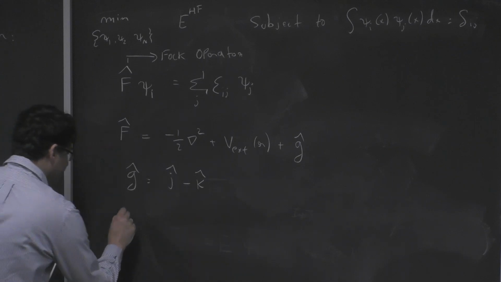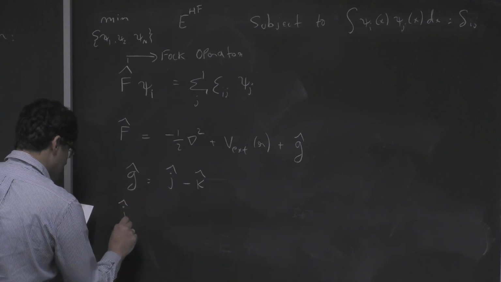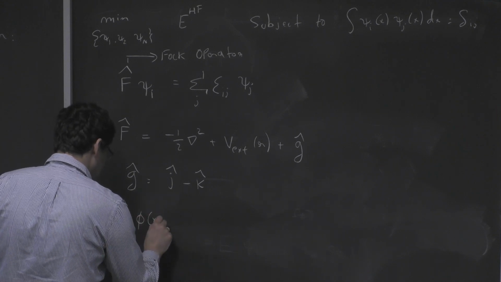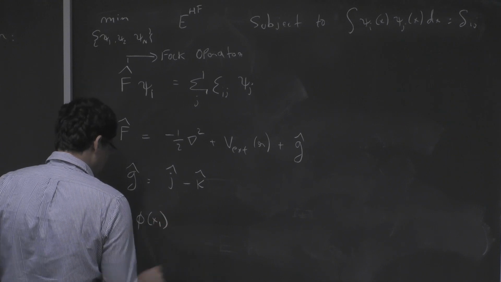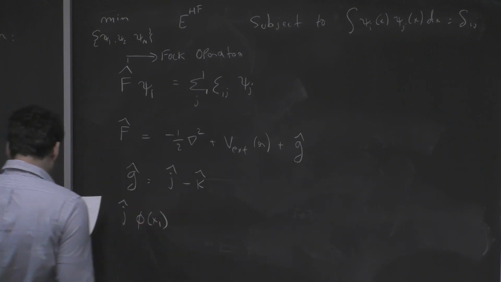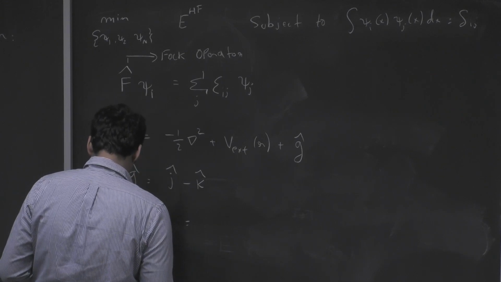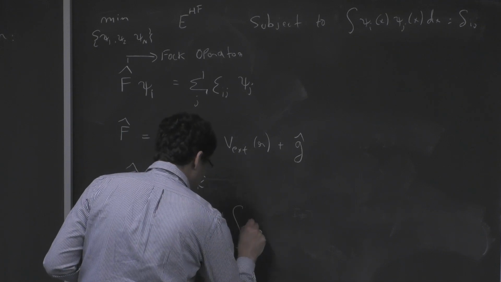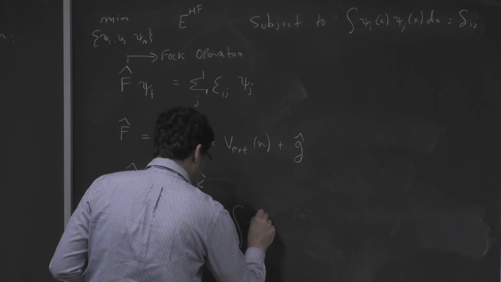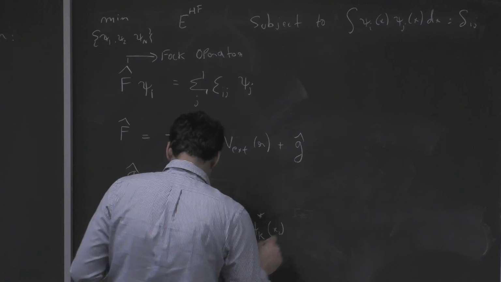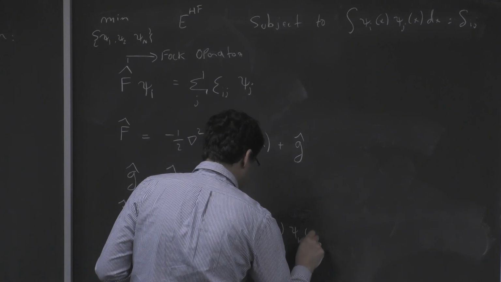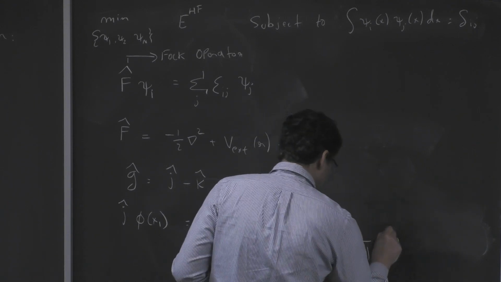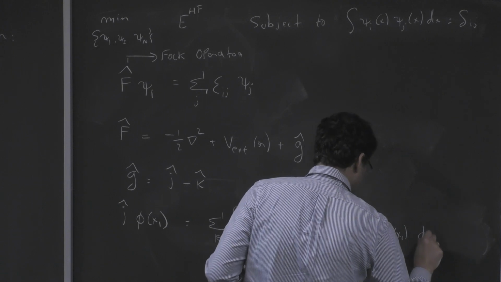And then the action of J acting on any particular function phi of x1 is given by the following: summation over k, integral psi_k star of x2 psi_k of x2, 1 over mod r1 minus r2, phi of x1, dx2.